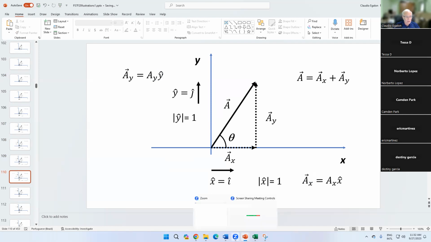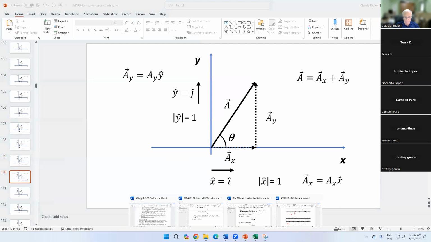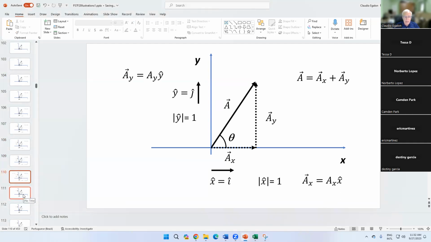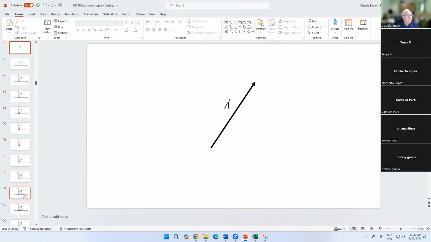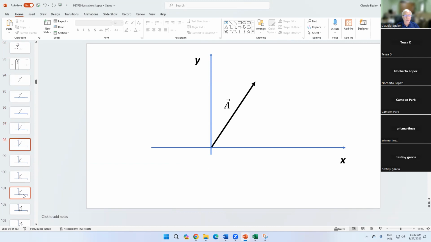And now I'm going to go to the other notes. Let's see if I need more than that. Let's play the movie first. A vector, x-axis, y-axis. Theta is the angle between the A vector and the x-axis. And then we have an A x vector, an A y vector.